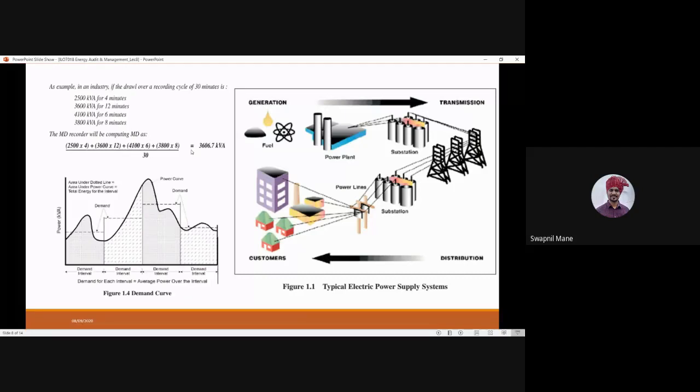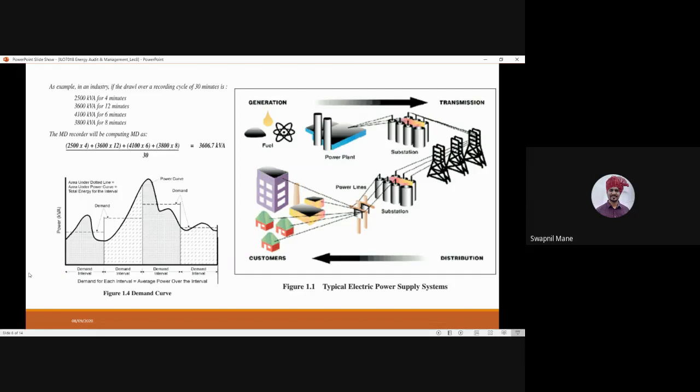What is the advantage that the supplier will get? Like all industries are now giving their contract demand, it will be better for the distribution company to design their power plant in such a way that they have a prior idea of how much electricity will be taken from this zone, because everyone is having a contract demand. Yes or no?